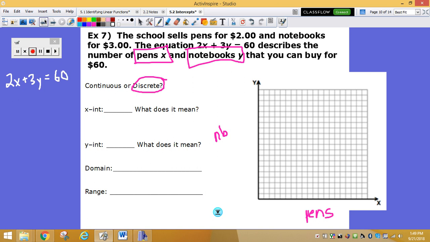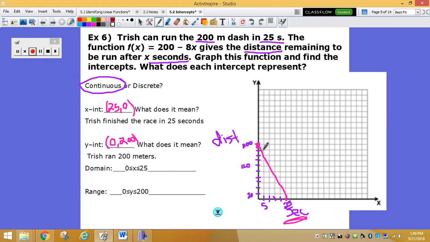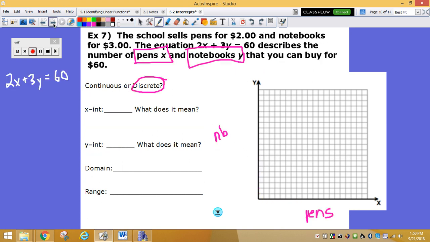So this problem before was easier because it told me I'm going to start at 200 and I'm going to end at 25. This one doesn't tell me where I'm going to start and where I'm going to end. So I actually have to do the math to figure out the x-intercept and the y-intercept. But you just learned how to do that. So your x-intercept, we're going to plug a 0 in for y.